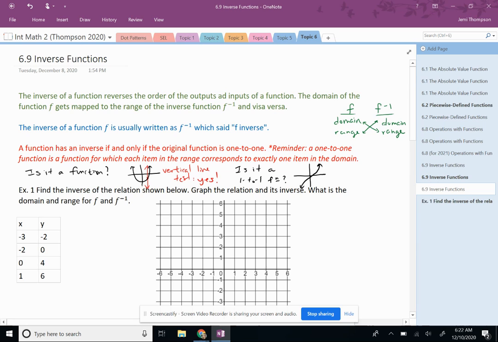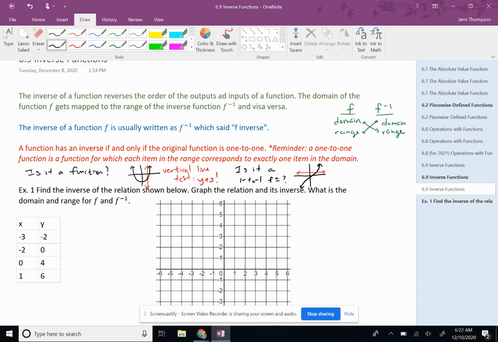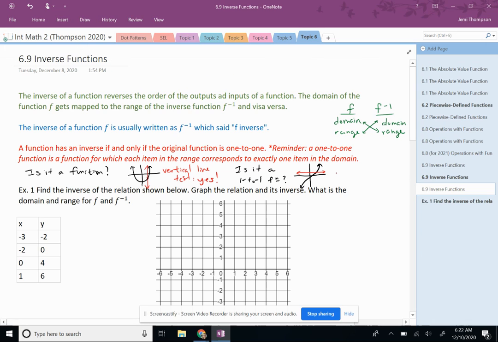For example, in my left-hand diagram, if I were to draw a horizontal line, that would not pass because a parabola is not 1-to-1. If I draw a horizontal line anywhere on the right-hand function, you will notice that yes, this one is 1-to-1.